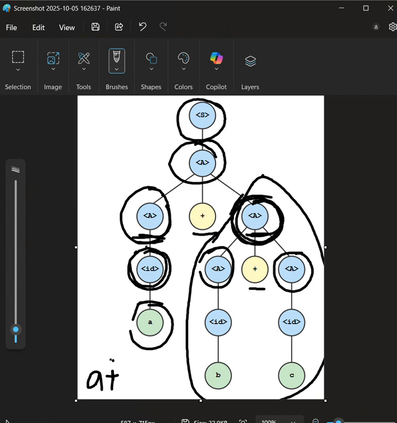So we will continue with the operator plus, so A plus, and then the next thing is we will continue the right part.